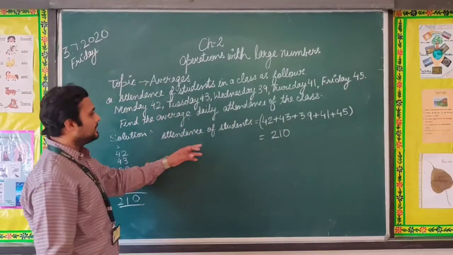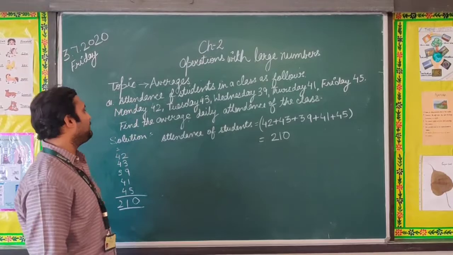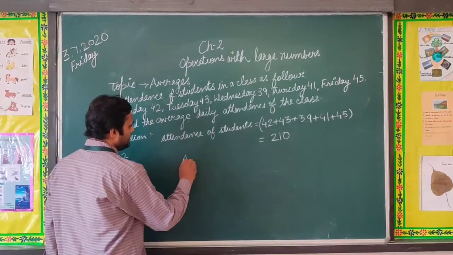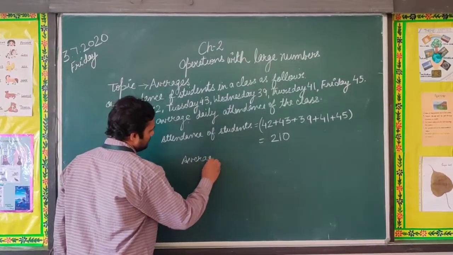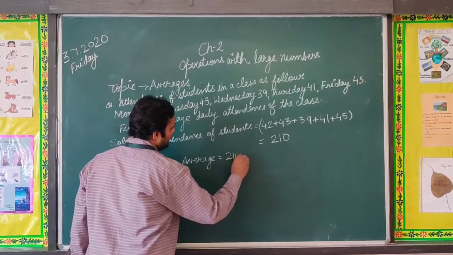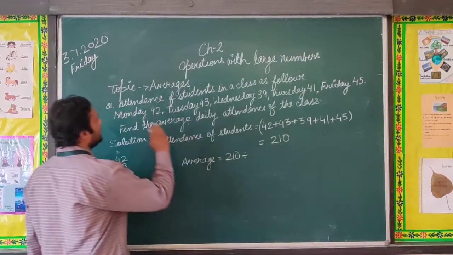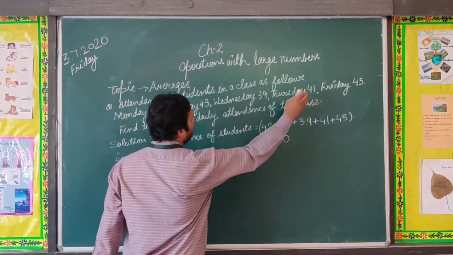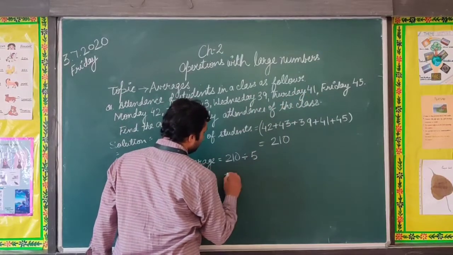Now the sum is 210. We have to find the average: 210 divided by how many days? 1, 2, 3, 4, 5. 5 days are there.